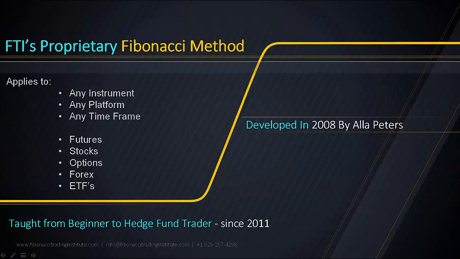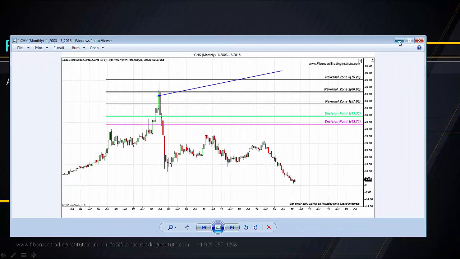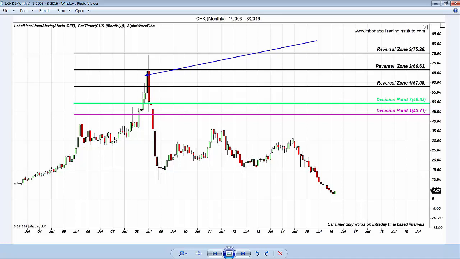clearly in 2008 when I witnessed stocks that had stunning fundamentals, stunning earnings, collapsing into oblivion. This was a stock I was holding in 2008, Chesapeake Energy. Chesapeake Energy had stunning earnings.